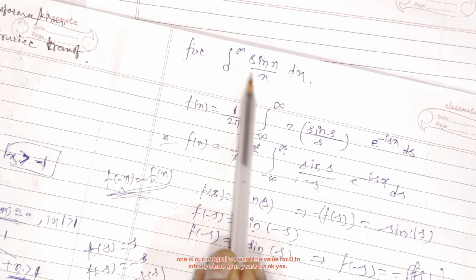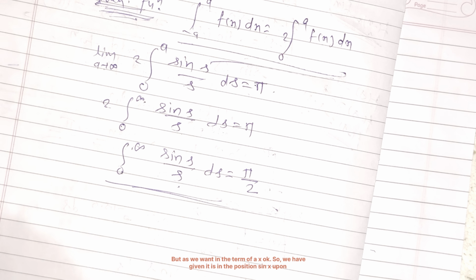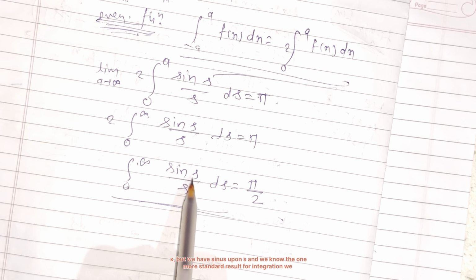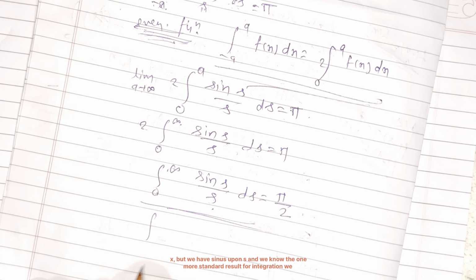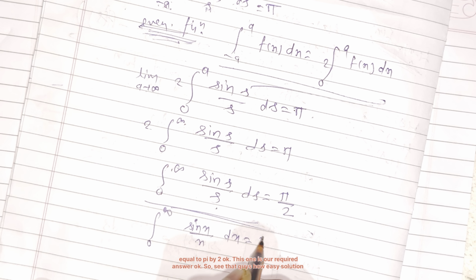Now we want the value of the integral from 0 to infinity of sin s upon s ds, but we want it in terms of x. The question has sin x upon x, but we have sin s upon s, and we know one more standard result for integration: we can replace s by some other variable. So the integral from 0 to infinity of sin x upon x dx is equal to pi by 2.